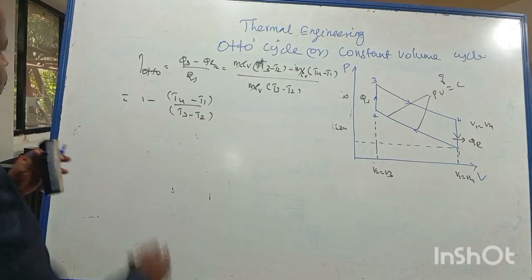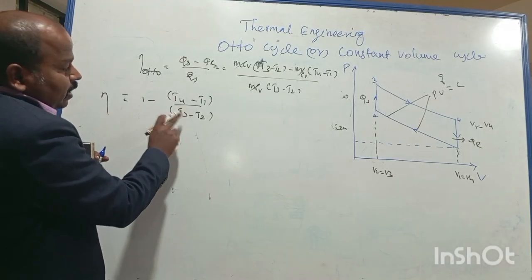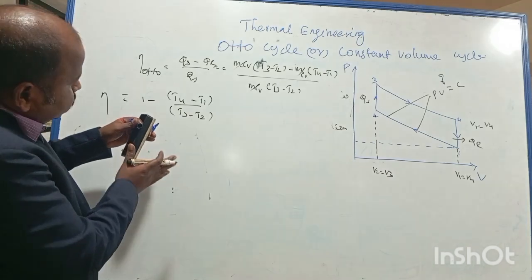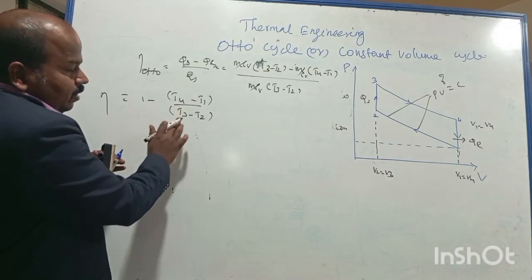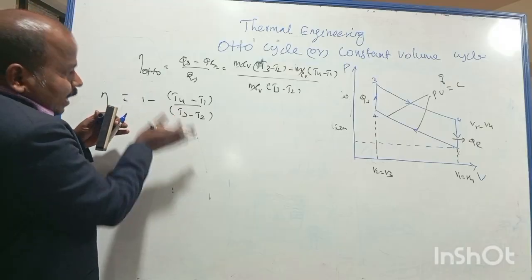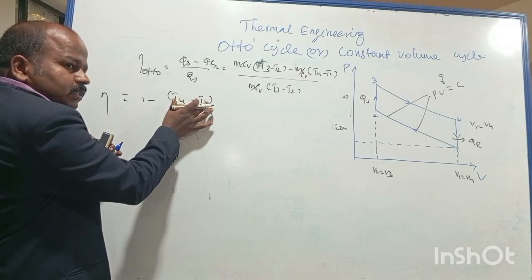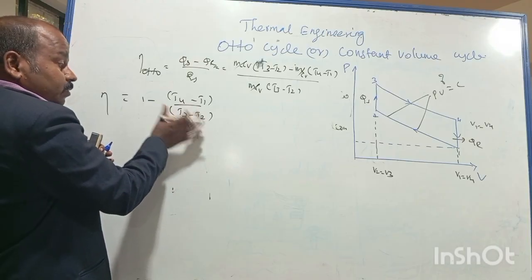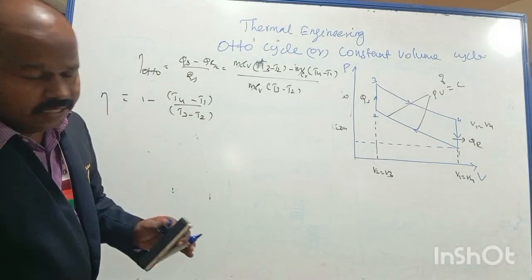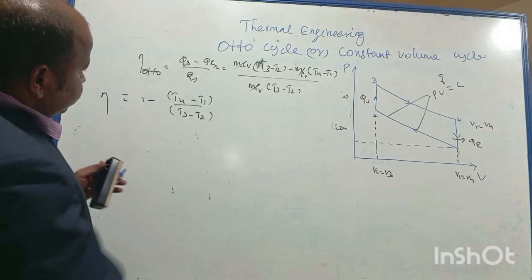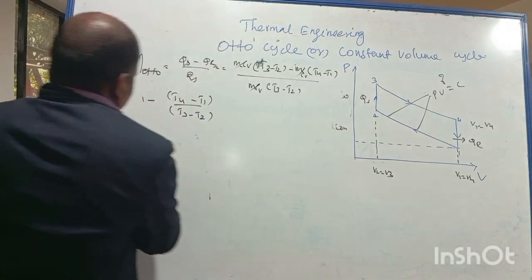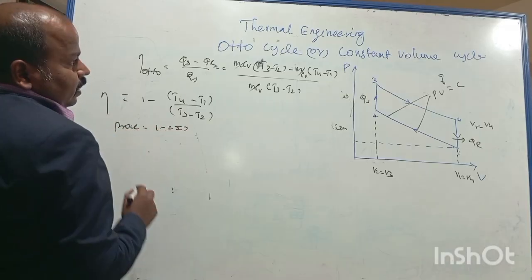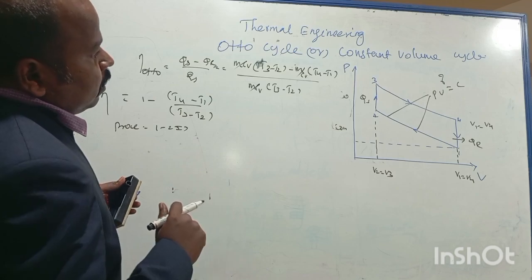Now look at this term, T4 minus T1 and T3 minus T2. I am going to change either T4 by T1 or T3 by T2 in terms of any one. For example, if I keep T4 minus T1 constant, I am going to change T3 by T2 in terms of T4 minus T1. Now take process 1 to 2, that is adiabatic compression.